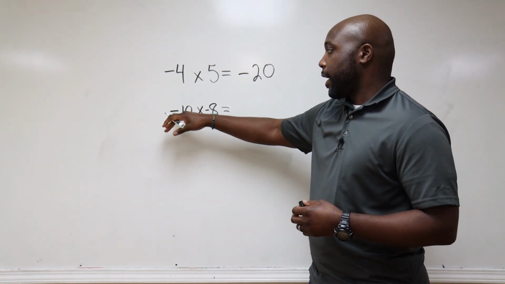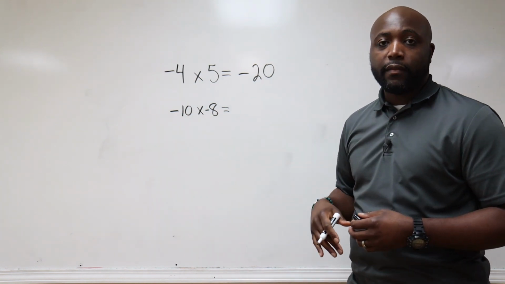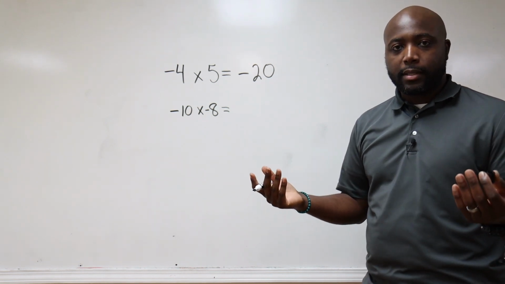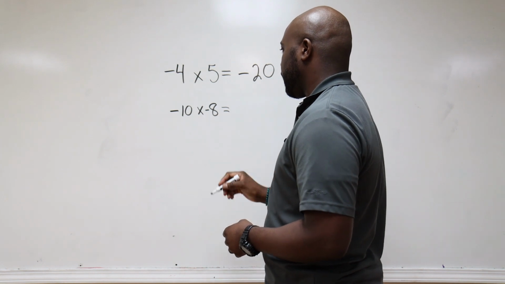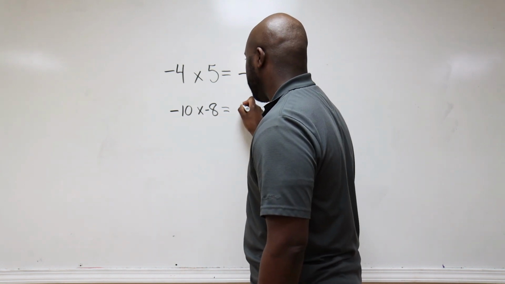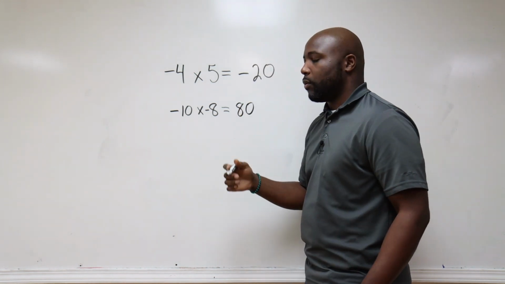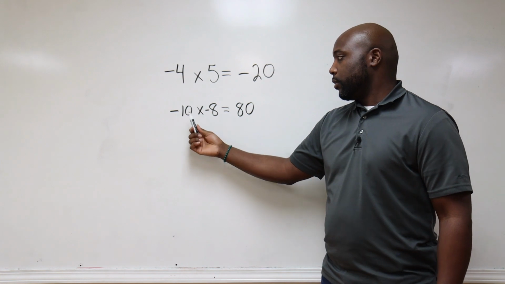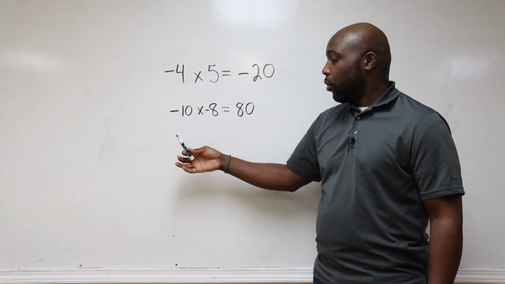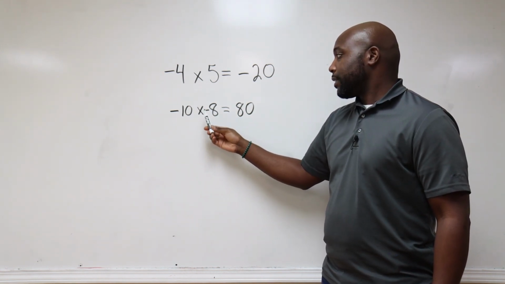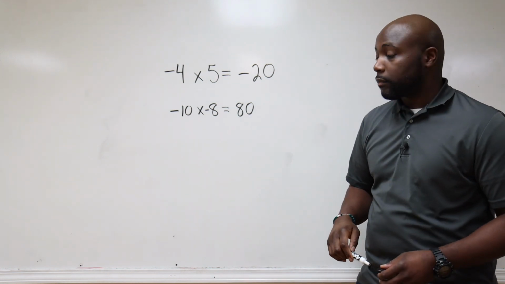Anytime that you have a negative number multiplied by another negative number, it equals a positive number. So -10 times -8, our solution is going to be +80. And the reason why it's +80 is that we can add 8 10s together, or we can add 10 8s together to get our solution of 80.